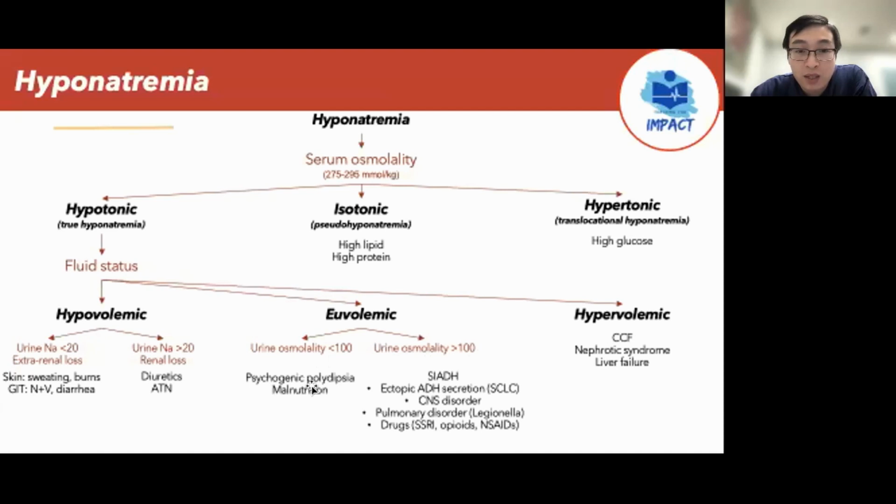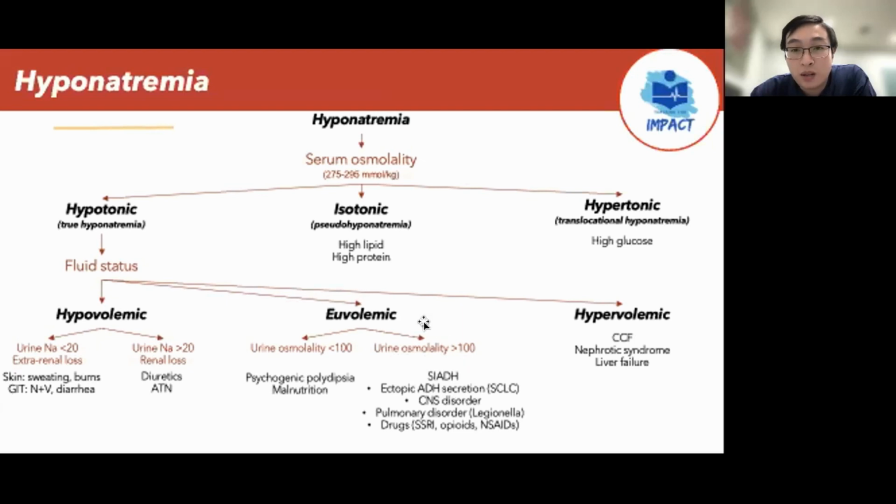If it's psychogenic polydipsia, then the fix for that is to place the patient on some fluid restriction. Malnutrition, you just send off a dietitian review and replace electrolytes.